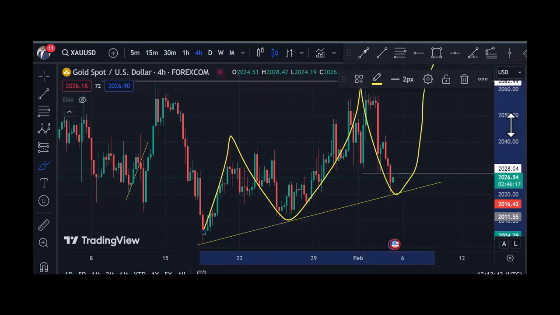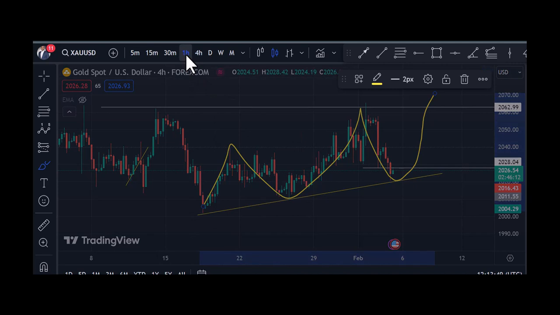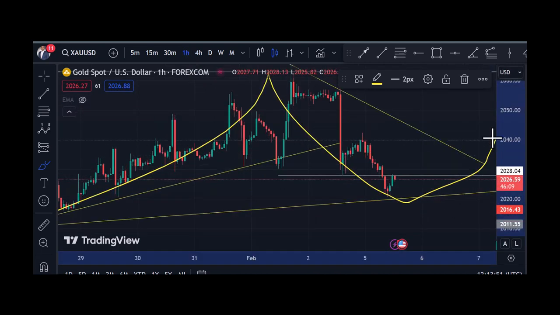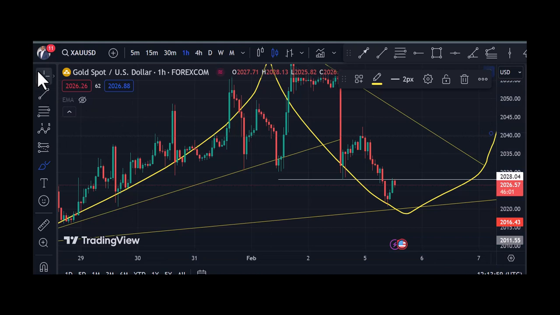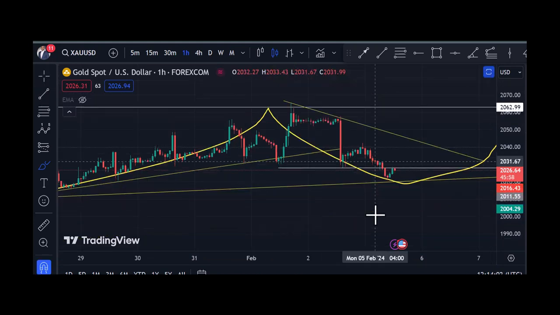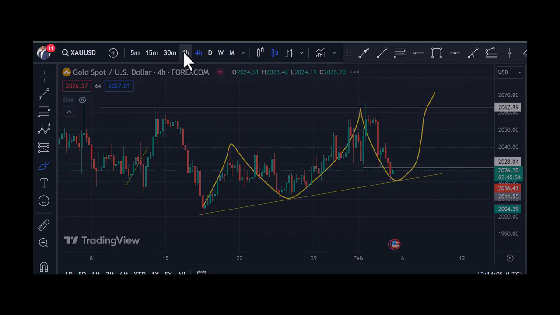Since we have established that on the 4 hour, guys, if you come to the 1 hour, then you start mapping your entry. For now, there's no confirmation for that move, guys, so we still wait until the market gives us a commitment for that movement.